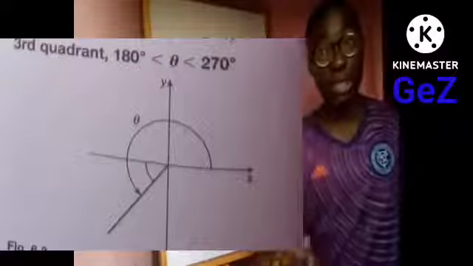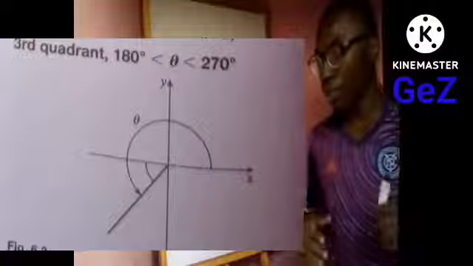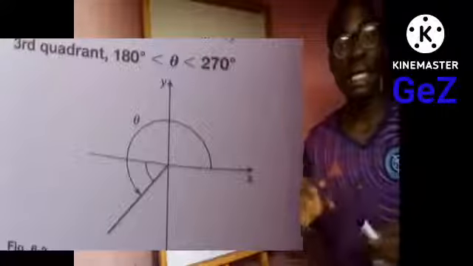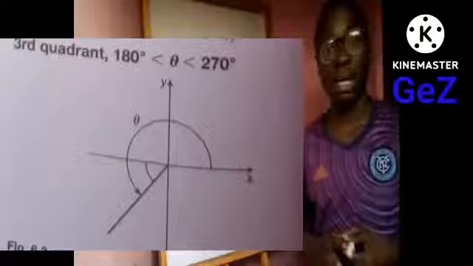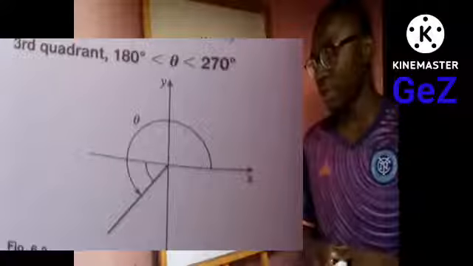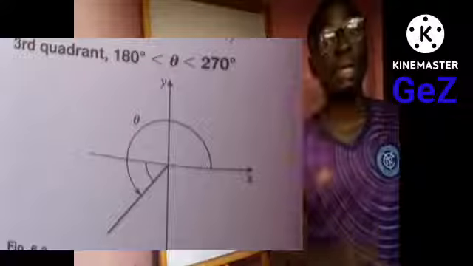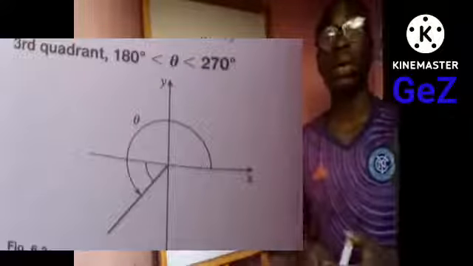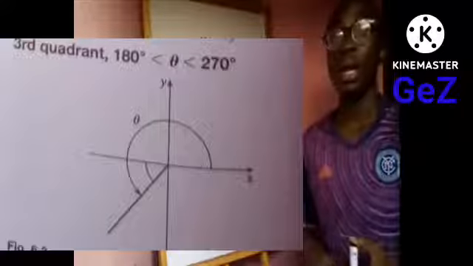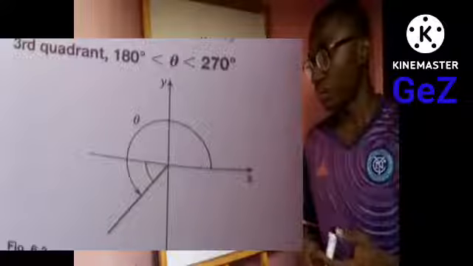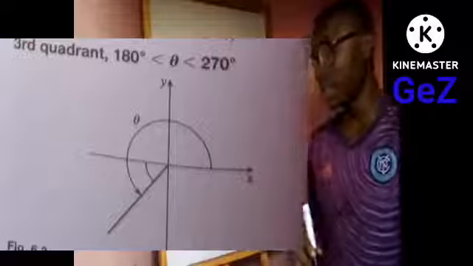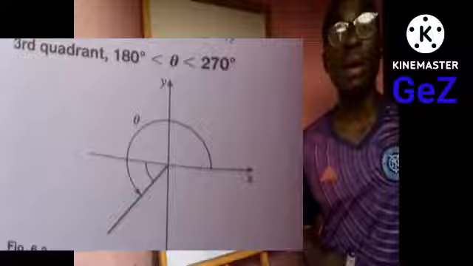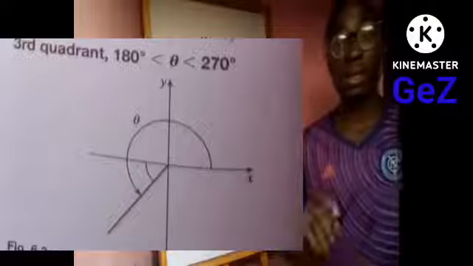Can you guess which one is positive and which one is negative in this third quadrant? If you look very carefully, which components are negative? The ones that contain the negative components will be the ones that are negative. For example, your sine is negative in the third quadrant, but your cosine is positive. Why? Because your cosine is given as the adjacent over the hypotenuse. Or rather, your cosine is negative, but your tan is positive in this case because your tan is opposite over adjacent.